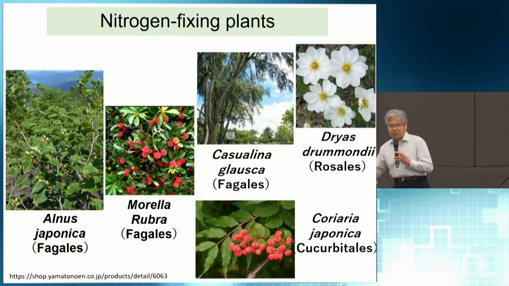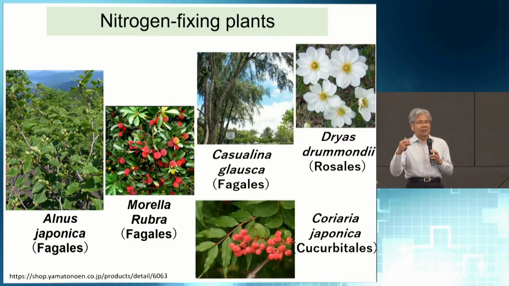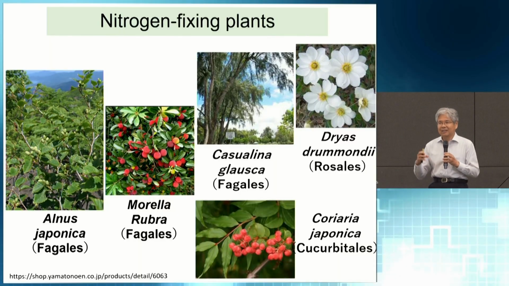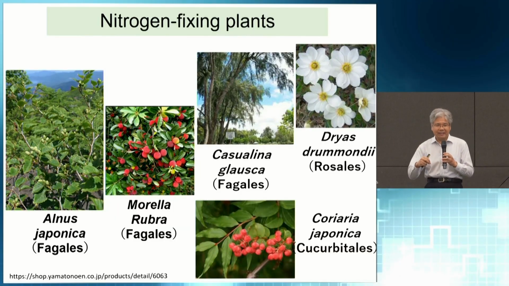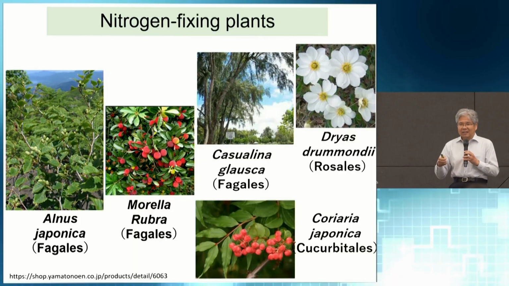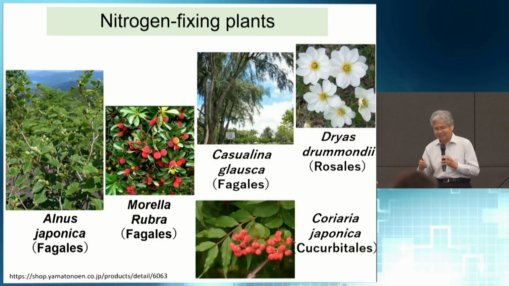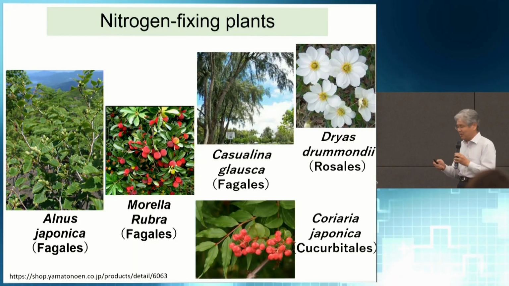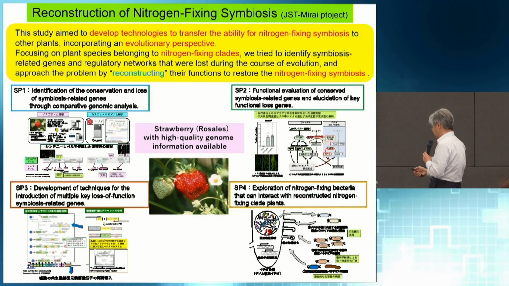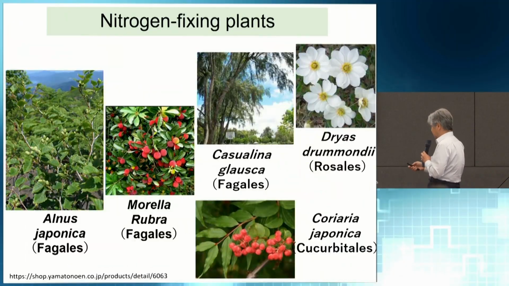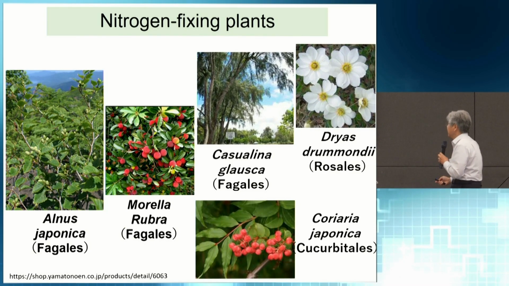But if we expand the viewpoint of root nodule symbiosis to creating a nodule-like structure and accommodating nitrogen-fixing bacteria, that can be found not only in legume plants, but also in some plants from Fagaceae, Rosaceae, and Cucurbitaceae.